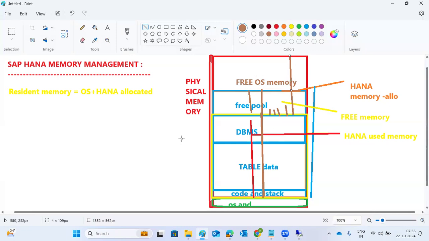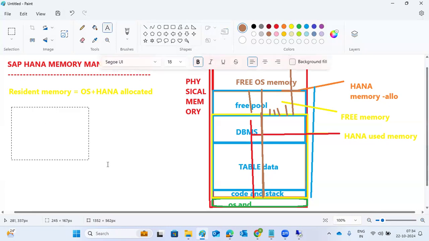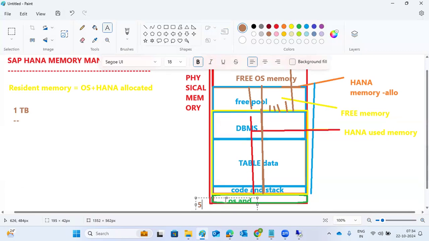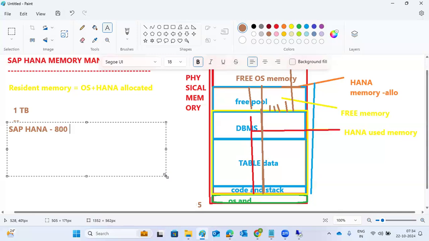Which means, if you see here, you have 1 terabyte of RAM. In that 1 terabyte of RAM, maybe 5 GB is used by the OS memory. Then for SAP HANA, you allocated 800 GB total.